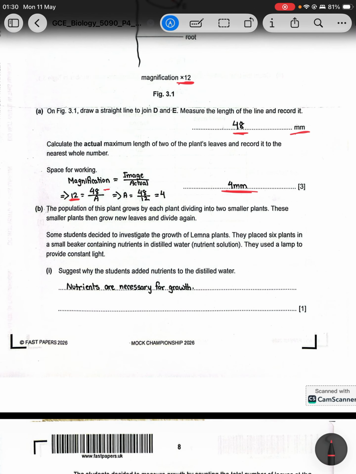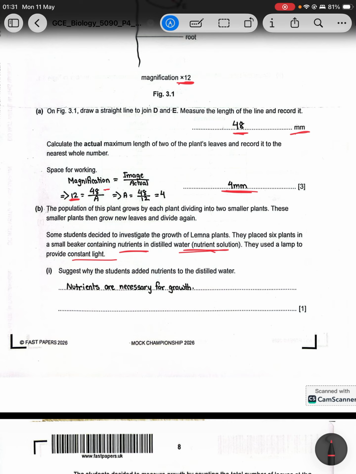The population of this plant grows by each plant dividing into 2 smaller plants. These smaller plants then grow new leaves and divide again. Some students decided to investigate the growth of Lemna plants. They placed 6 plants in a small beaker containing nutrients in distilled water, making up a nutrient solution, and they used a lamp to provide constant light.